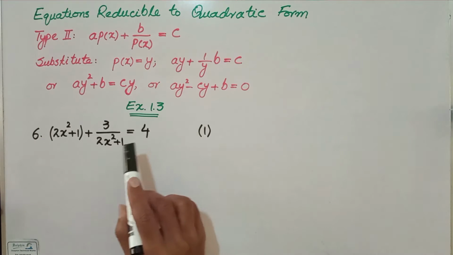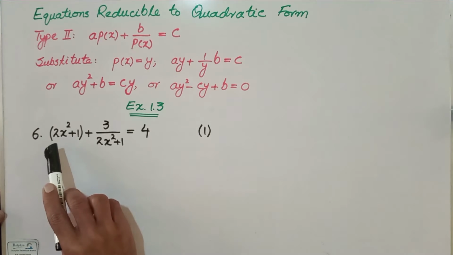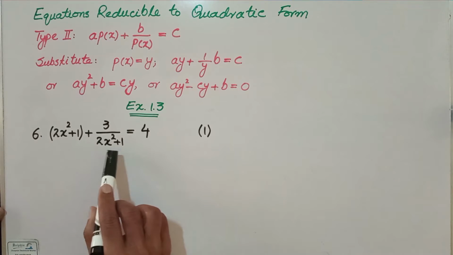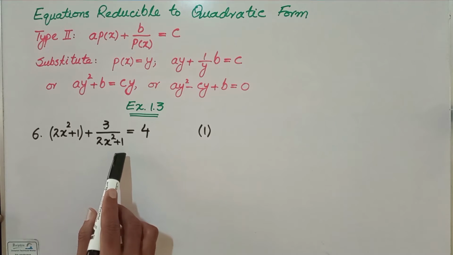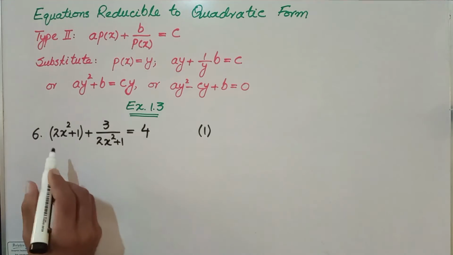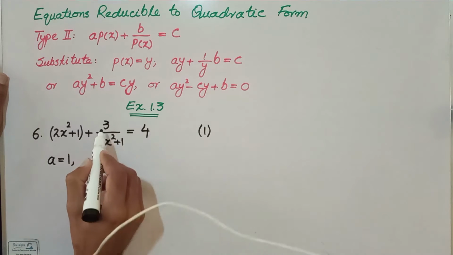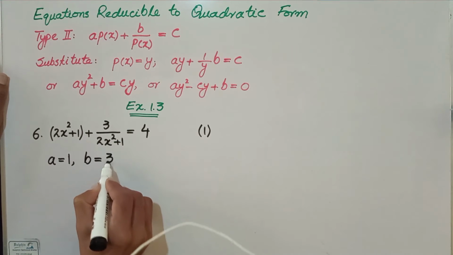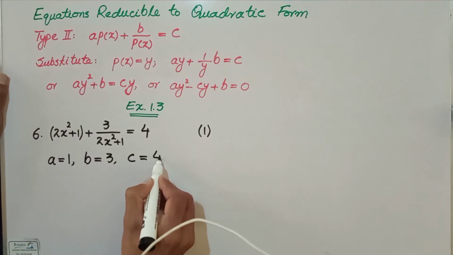Next we consider question 6 of exercise 1.3, which is given as 2x square plus 1 plus 3 by 2x square plus 1 is equal to 4. Here, if we compare this equation with type 2, we have a is equal to 1, b is 3, and c, which is the right hand side, that is 4.